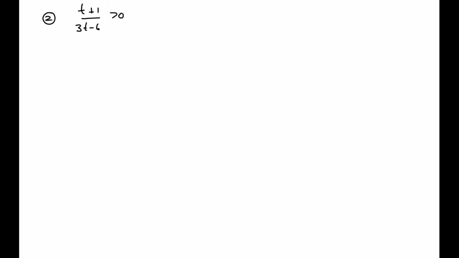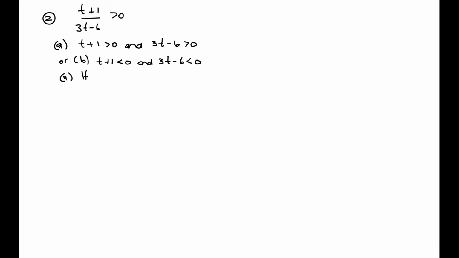So if the fraction is positive, then the top line and the bottom line must be both positive, so that's maybe case A. So case A, if they're both positive, then that will give us a positive fraction, or if they were both negative, we would still get a positive fraction. Like that. So let's have a look at case A.